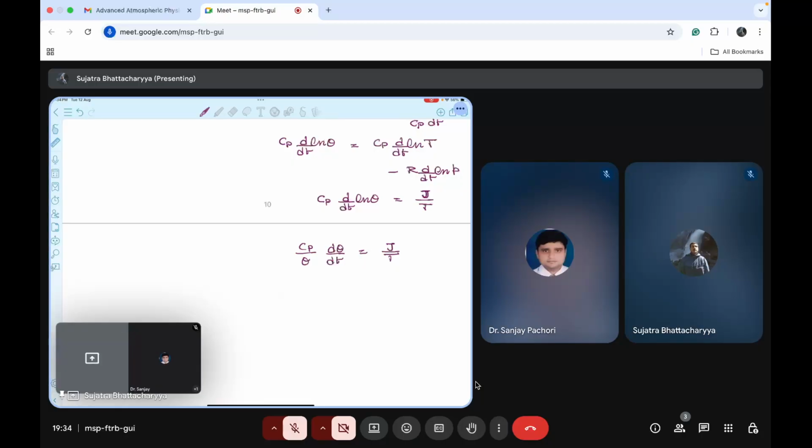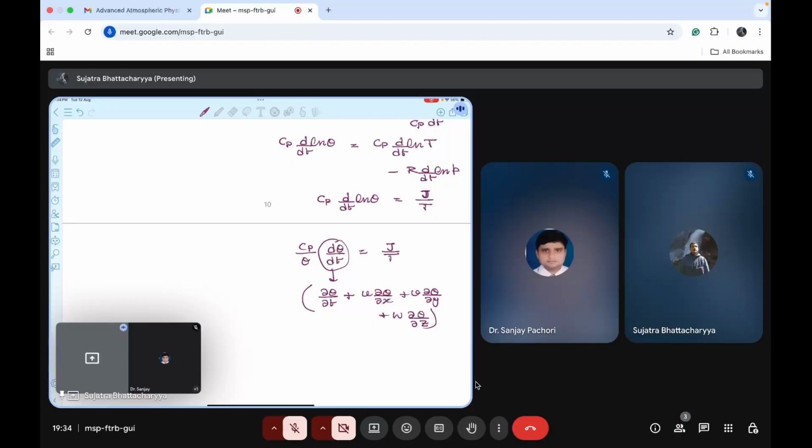And finally, you can also write this d theta dt as delta theta by delta t plus u delta theta by delta x plus v delta theta by delta y. That is local change plus advective change. Okay. And finally, go through with the expressions.